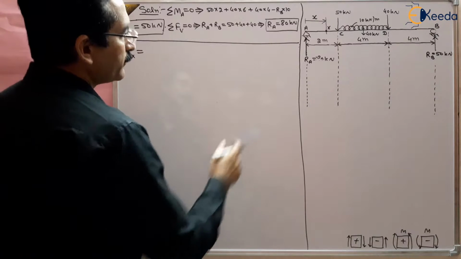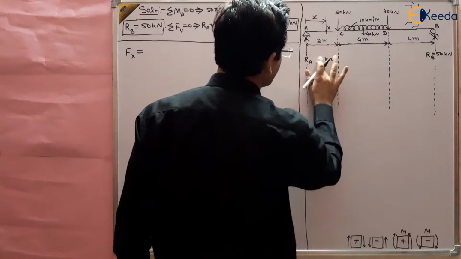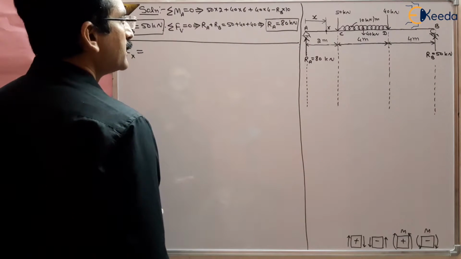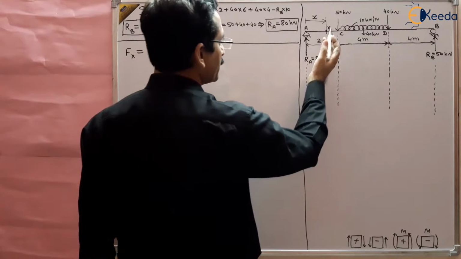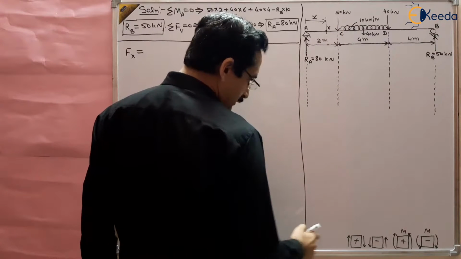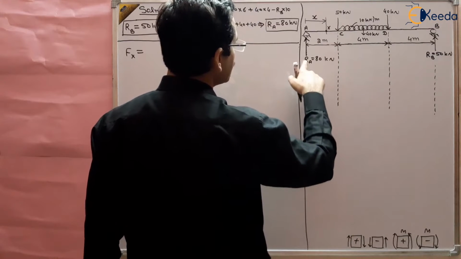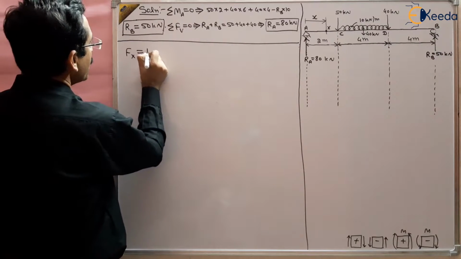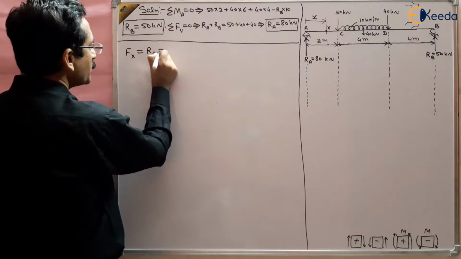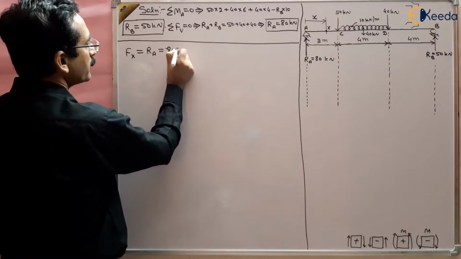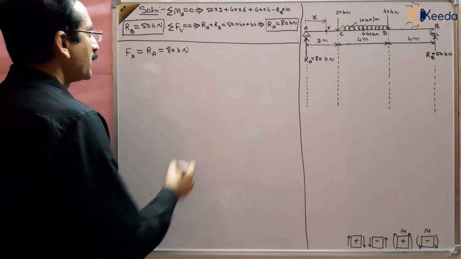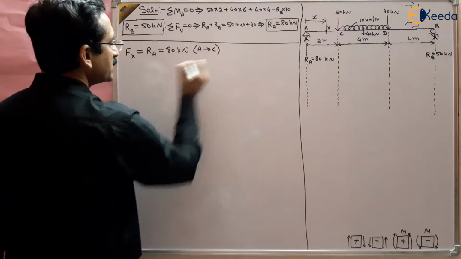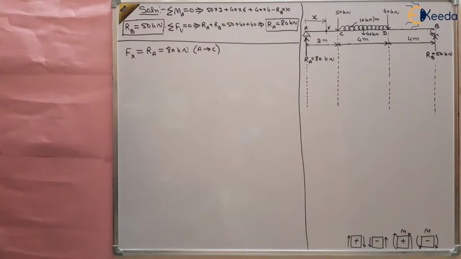Fx will come out to be the sum of all the forces to the left of the section, with upward taken as positive. So this is RA only, no other force is there. So this will be equal to RA, positive, which is equal to 80 kilonewton, and which is valid between A to C.